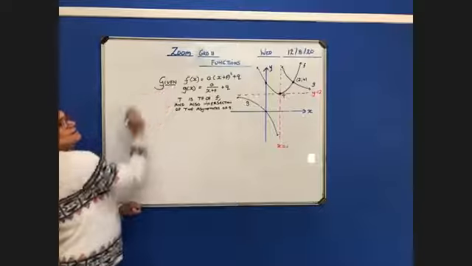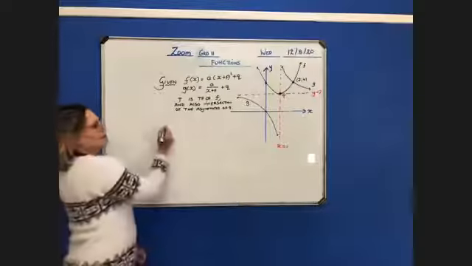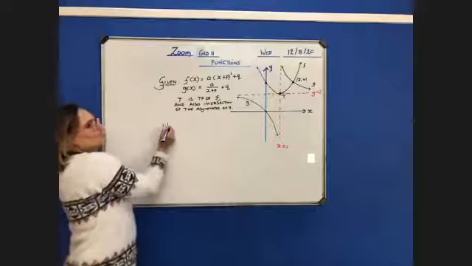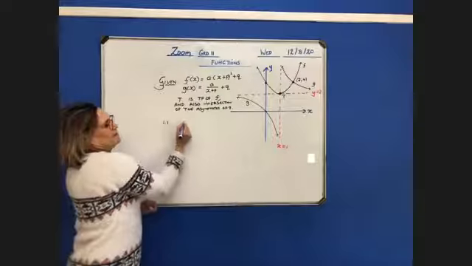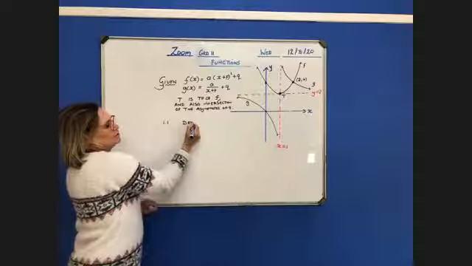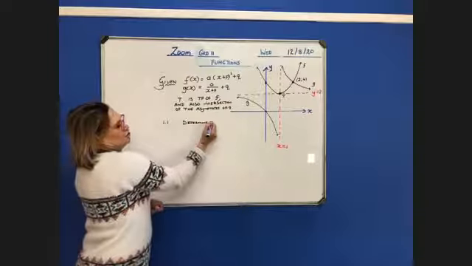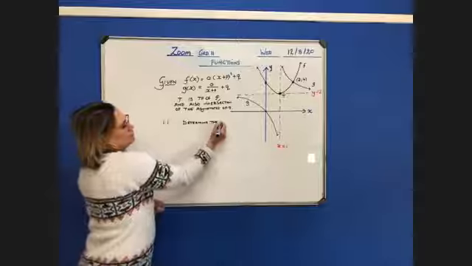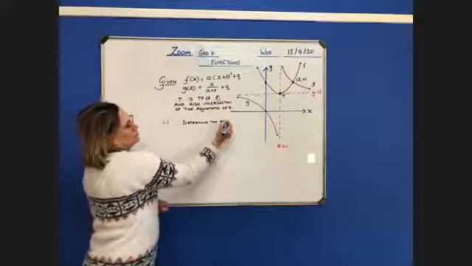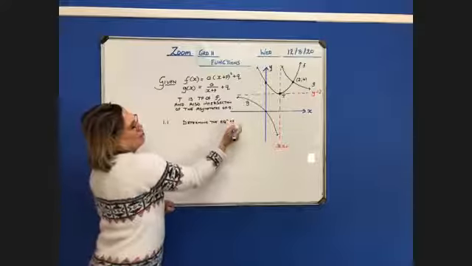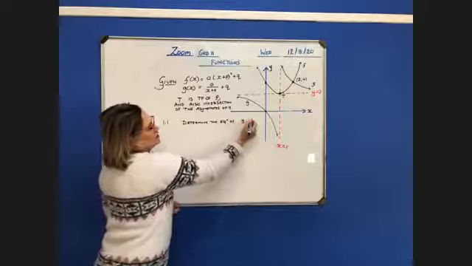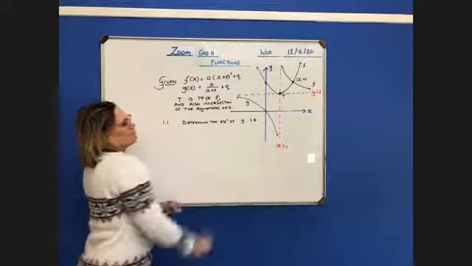So now let's look at the kind of questions they could ask. Question 1.1. Let's say they say determine the equation of, let's go hyperbola first, G, for 3 marks.